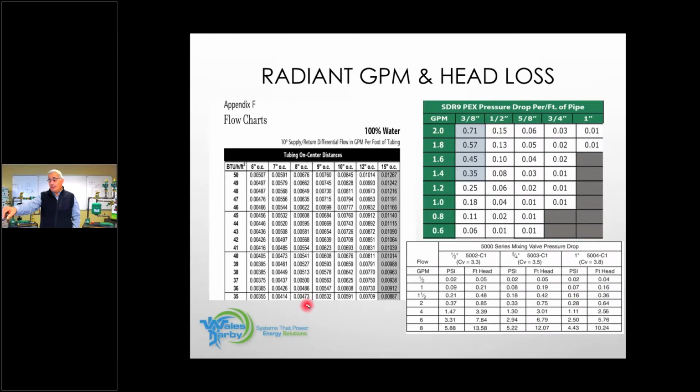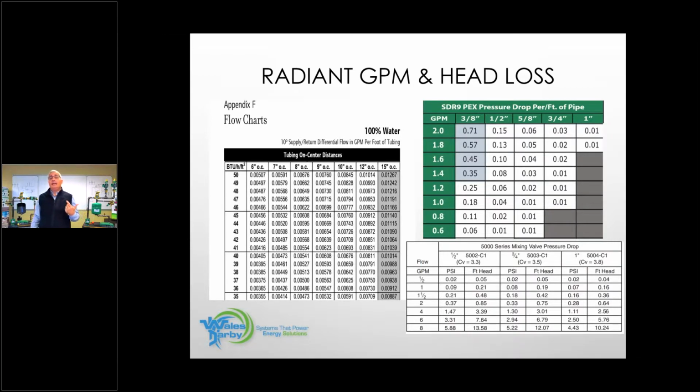And when I do that, that'll come up with my GPM. I did that math, and it's based on the loop length. It comes up to 0.9 GPM per loop. I got 2 loops, and GPM is cumulative. So if I add those 2 numbers together, it comes to 1.8. So I got to move 1.8 GPM.